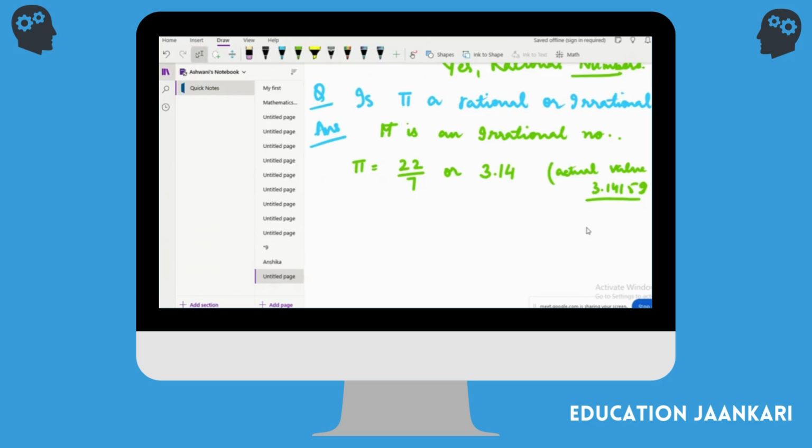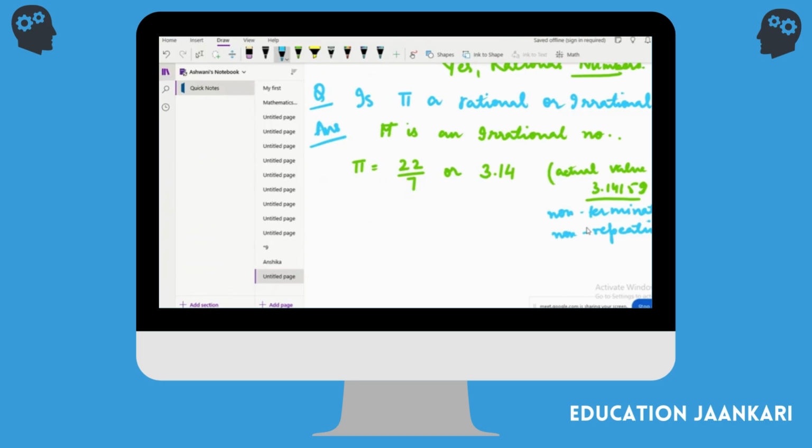You might have studied this in class 9, chapter 1 only. This is non-terminating, non-repeating. Non-terminating means that this is not finishing, it goes on and on, right?